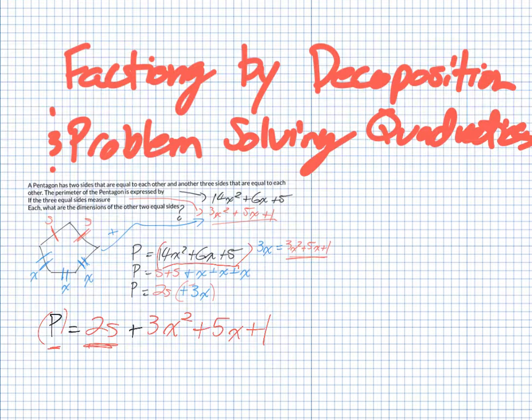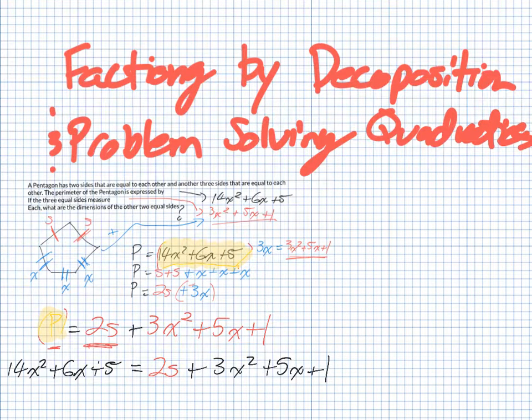Does this make sense how I'm setting it up so far? Yeah? Okay. So let's highlight that. We're going to replace this perimeter with 14x squared plus 6x plus 5. So, 14x squared plus 6x plus 5, that's the perimeter of the pentagon, is equal to, well, we have 2s, that was one of our unknowns, and then what the other three sides are equal to, they're equal to 3x squared plus 5x plus 1.